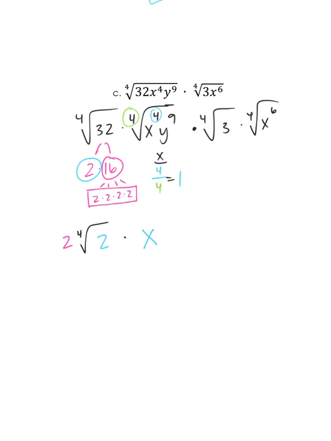Then for y, we've got 9 over my index, which is 4, which simplifies to 2 and 1/4. So this 2 will go on the outside, so y squared. And then 1 will stay on the inside.